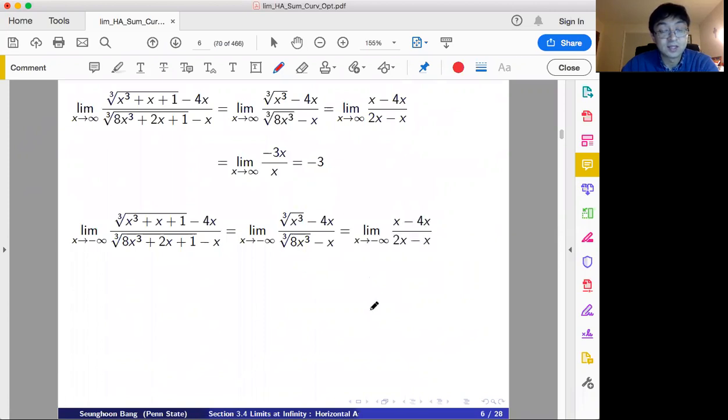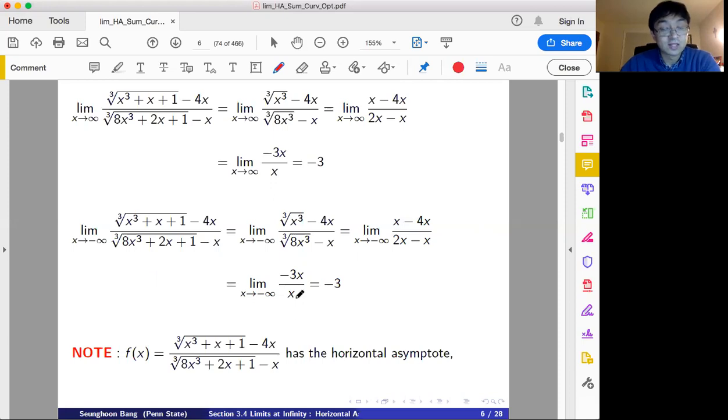So the answer is x minus 4x over 2x minus x. Simplify: this one is negative 3x, the bottom one is only x. So same, you have to cross out x. We have negative 3.